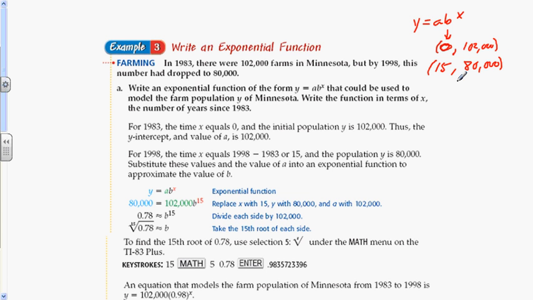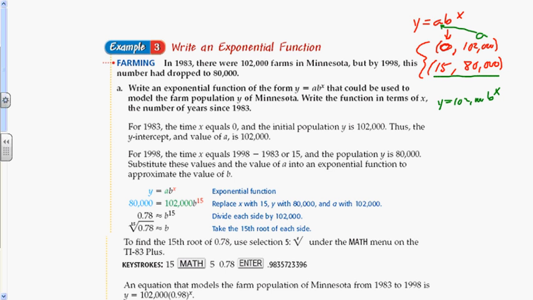So these are our two coordinates. Again, this is a word problem, but in its essence, these are the two coordinates that we use. Now, like we said, this represents the a value of our formula. Okay, so we would put in 102,000 for a, and then we would need to find out what b is to have the equation.